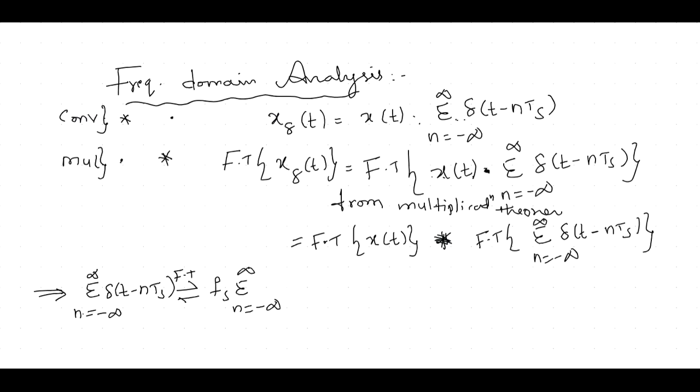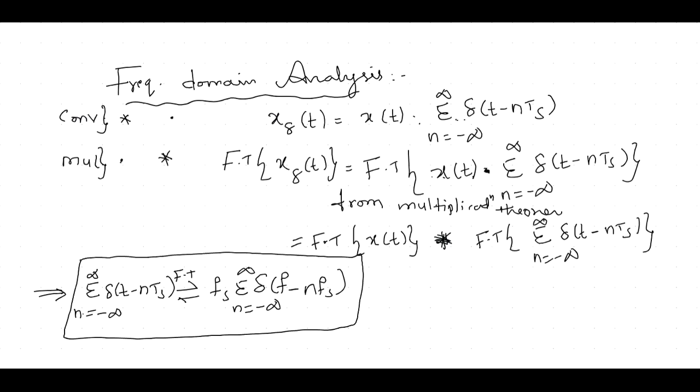Okay, delta of t changes to f, time variable changes to f, and nfs. Important. Fourier transform of a periodic signal. This is using Fourier series concept we derived, and this is Fourier transform of a periodic signal concept. From that concept, easily you can derive this Fourier transform.